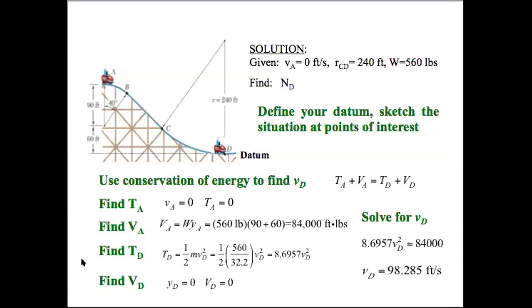At point D, the velocity is what we have to find, and the gravitational potential energy is 0. After we solve this using the conservation of energy, we can find VD. The velocity at point D is 98.285 feet per second.